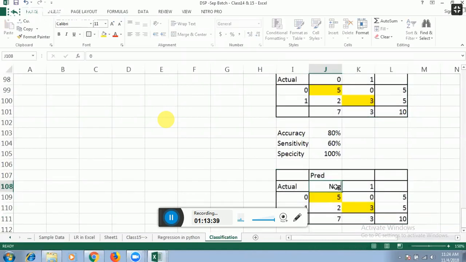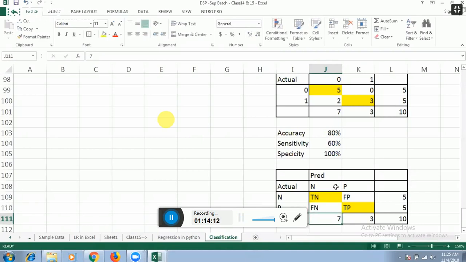This we call negatives, and this we call positives, and this is negatives, this is positives. If I say positives correctly classified as positives, this is what we call true positives. Negatives correctly classified as negatives, this is true negatives. Negatives you classified as positive, this is false positives. And positives you classified as negatives, this is false negatives.